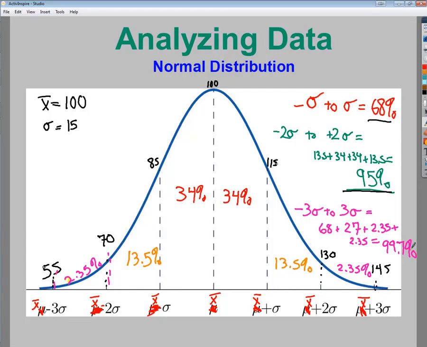So you can really start to get the idea of how closely packed the data is in terms of what huge percentages it would be for 1 standard deviation out.